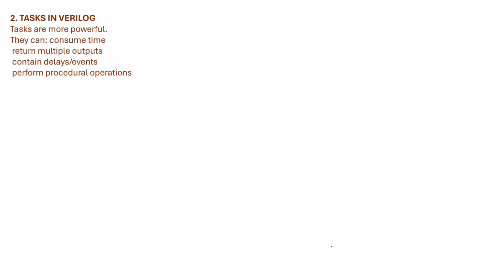Functions cannot allow any delays, but tasks allow delays. A function returns only one value, while a task can return multiple output values. Tasks also allow delays and event controls.